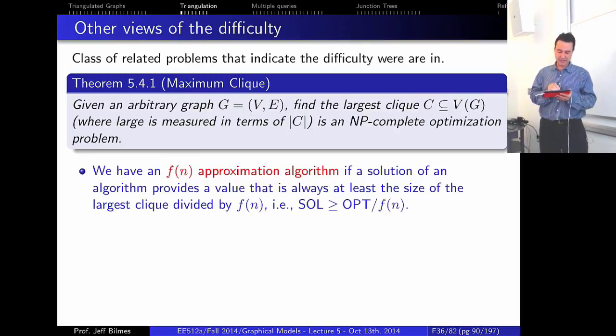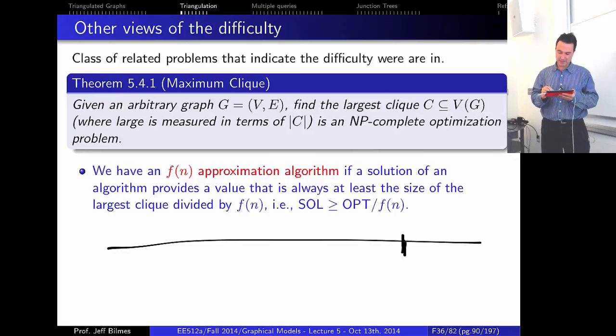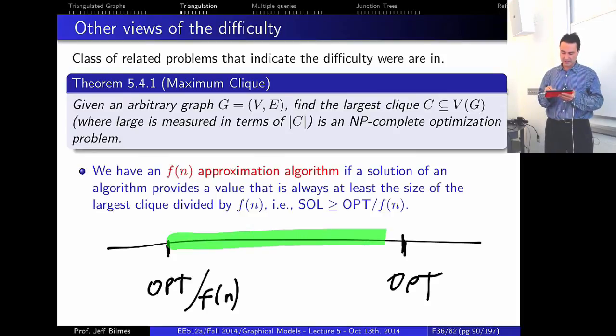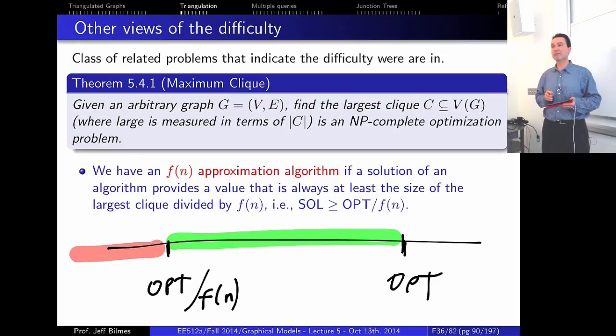If you like a picture, let's say maybe opt is right here. We're trying to maximize; we're trying to find the size of the maximum clique. And here's opt divided by f(n). What an approximation algorithm says is that your solution is no worse than opt divided by f(n). So you're never in the red region; you have to be in the green region.